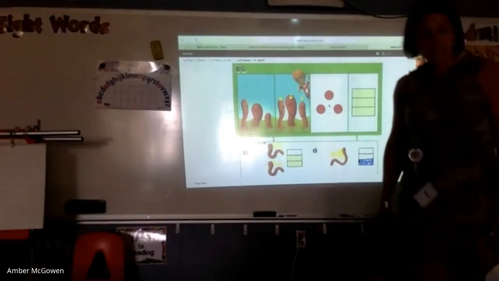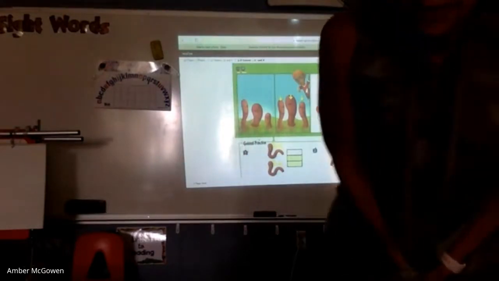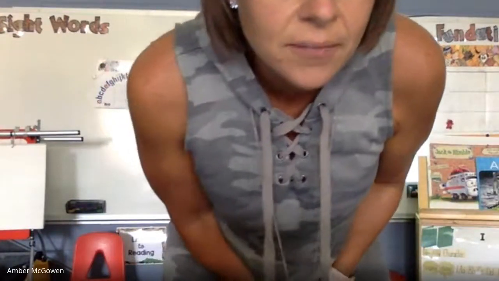All right, let's see at home if we've got our box colored in. Good, good, good. Grant, can you color 1 box in on the number 2 worm for me? Thank you. Logan, can I see your paper? Good job, Bryson. Good job, Grace.